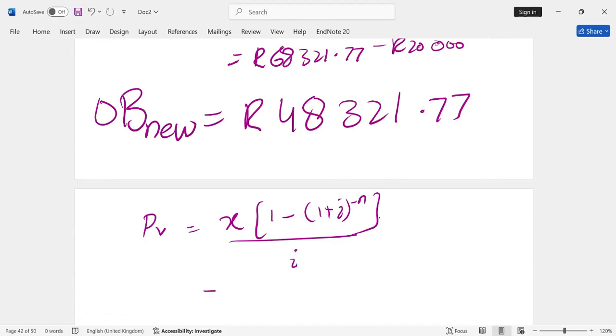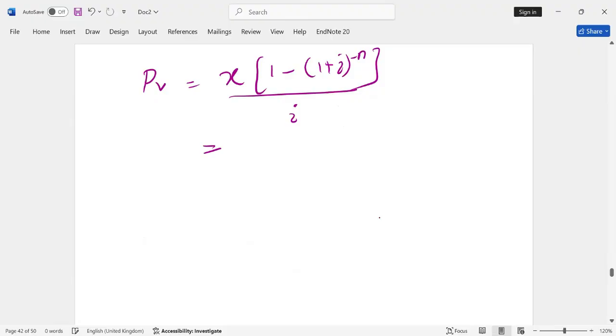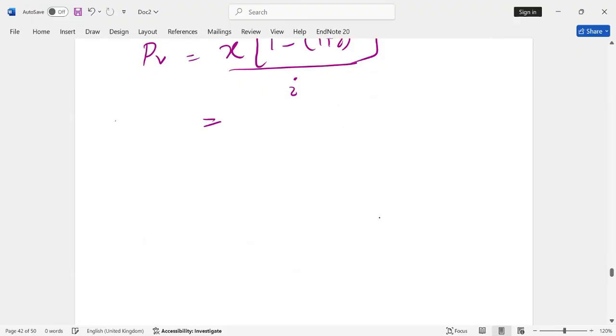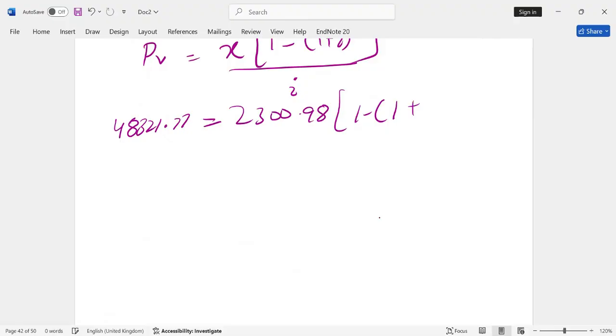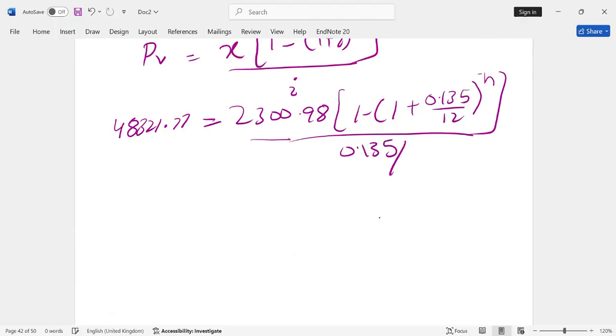So I'm just putting the values in this. We have 48,321.77 equals 2,300.98 into 1 minus (1 plus 0.135 by 12) power of minus n, divided by 0.135 by 12.